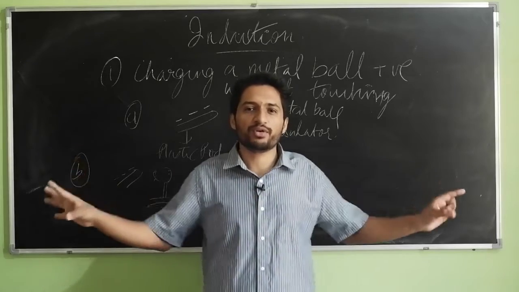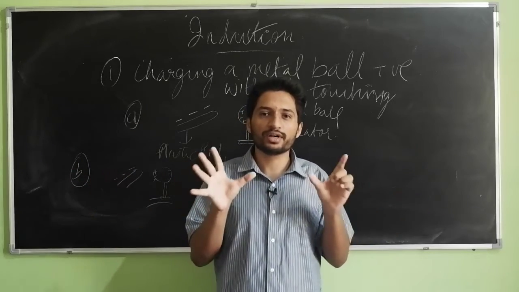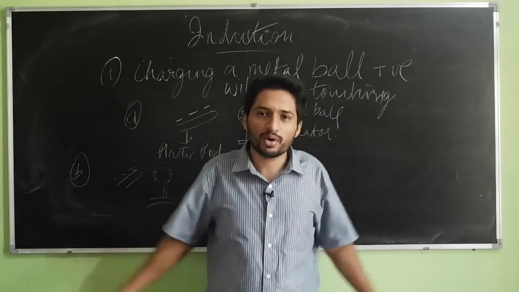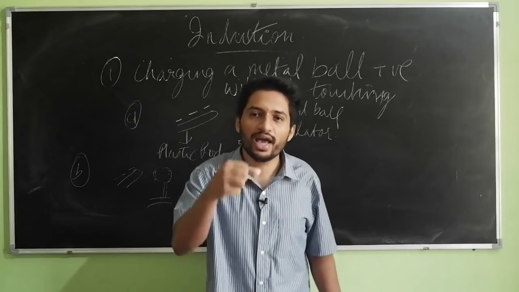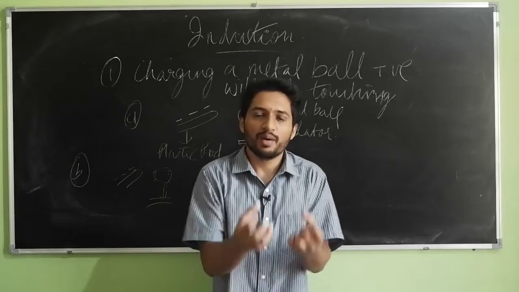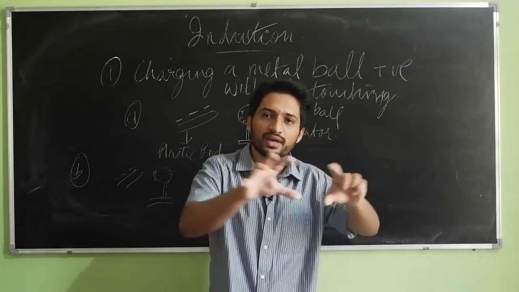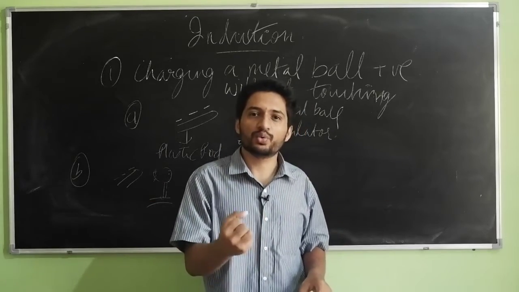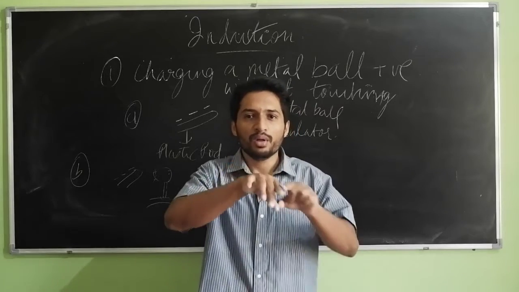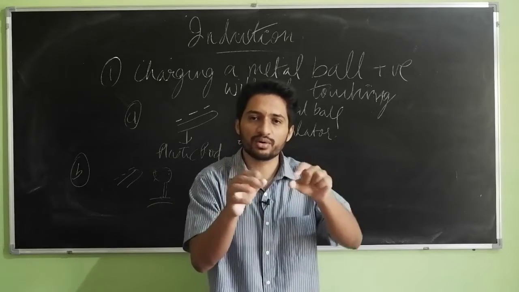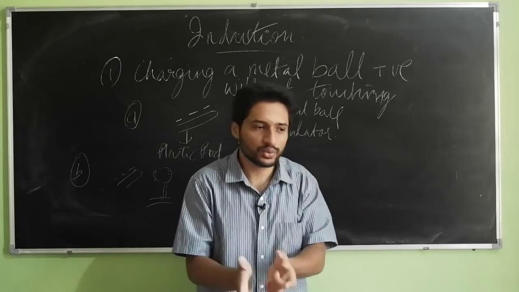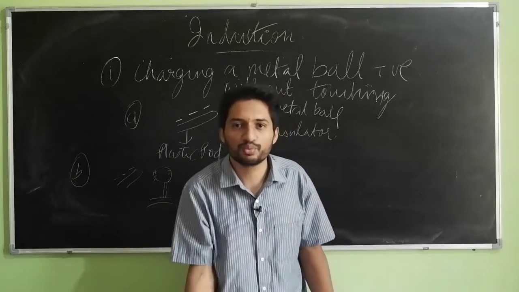Earth is very huge, with a radius of 6400 kilometers, so it can take any amount of charge. Earth has metals in its core, so earth is basically a conductor of electricity. When you attach excess electrons to the ground, they move to the ground, because earth is the conductor.